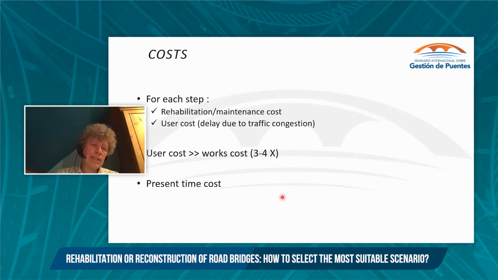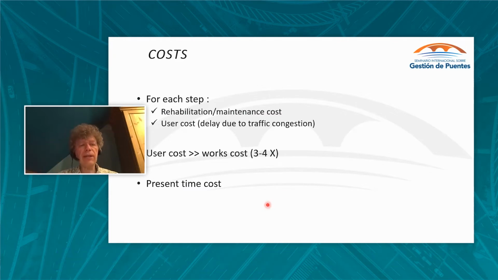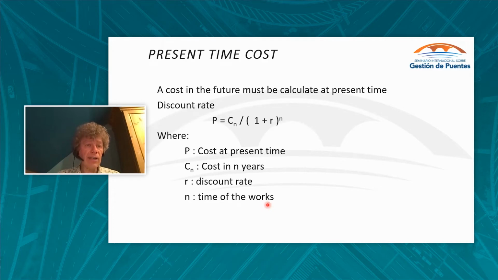And all these costs, we will express at present time, because you have seen that I have different kinds of operations in 20 years and 30 years and so on. So in order to compare all these costs at the same time, I express all these costs at present time. How can I express an expense that will occur in, for example, 20 years?